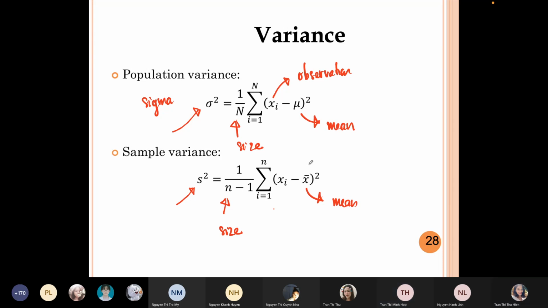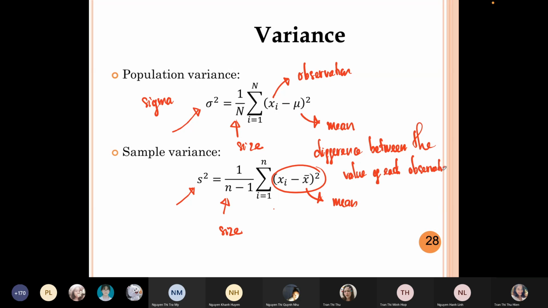The variance is based on the difference. Here is the difference, right? The difference is the difference between the value of each observation and the mean.